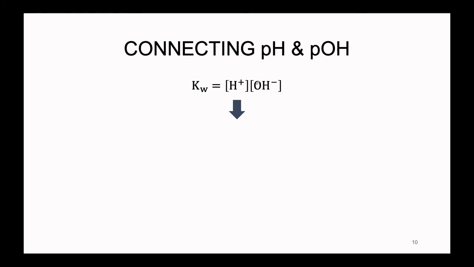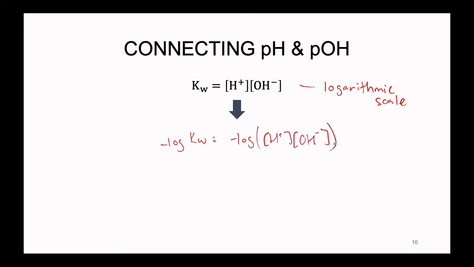Let's shift this equilibrium expression into something that is more familiar on a logarithmic scale. So we're going to take the negative log of both sides of this equation. The negative log of our Kw is going to be equal to the negative log of the concentration of H plus times the concentration of OH minus.